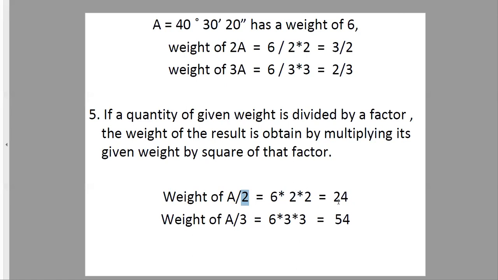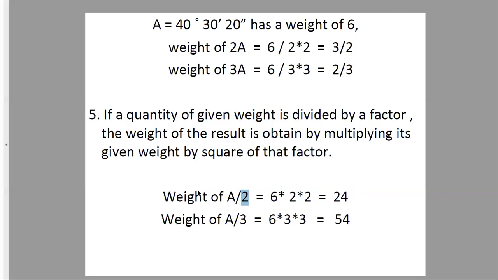Now it is quite easy to understand how it became. For calculating the weight of A by 3, we have to multiply it with 3 square, that is 9. And earlier the weight was 3, so this will become 3 into 3 into 3, and it will become 27.